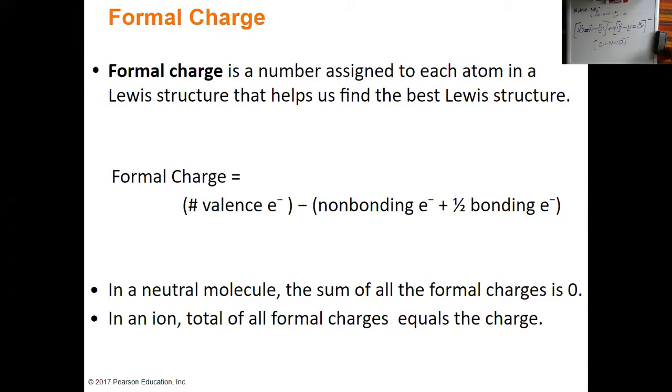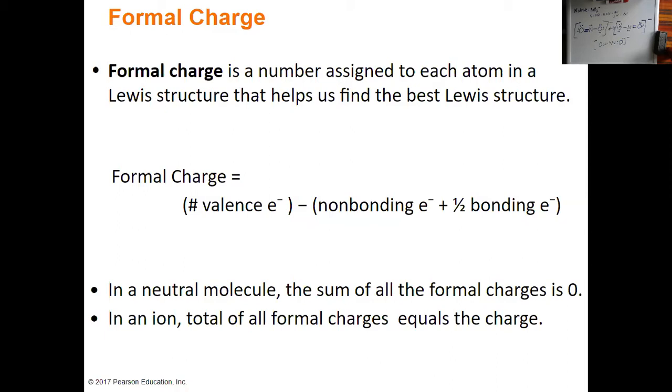But sometimes we have to decide what Lewis structure is the better Lewis structure between 2 potential Lewis structures. Because we could draw out 2 Lewis structures and both of them on paper look like they might be valid. Okay, but there is a way that we can go about checking to see which one of them is more energetically favorable, which is always what we're looking to do.